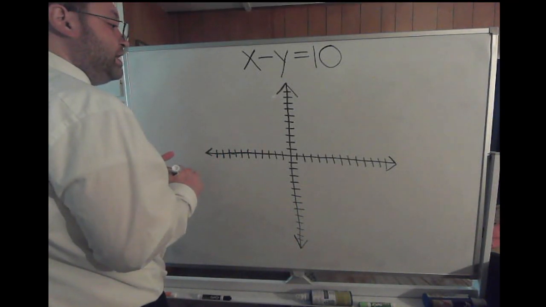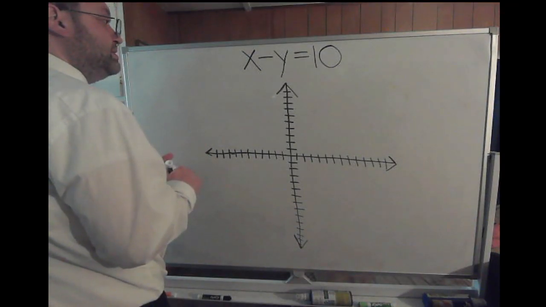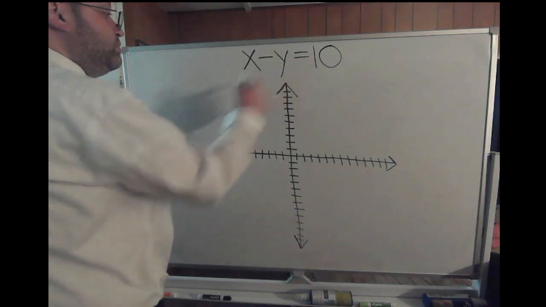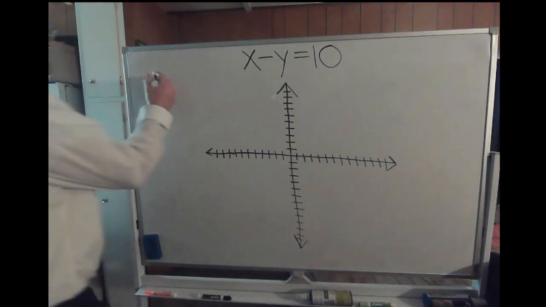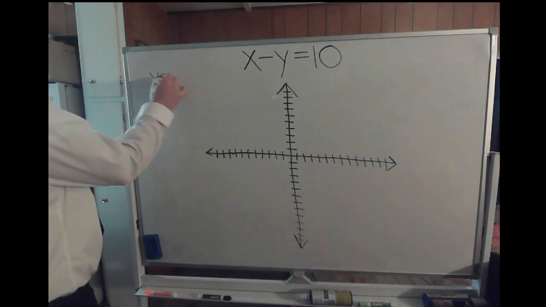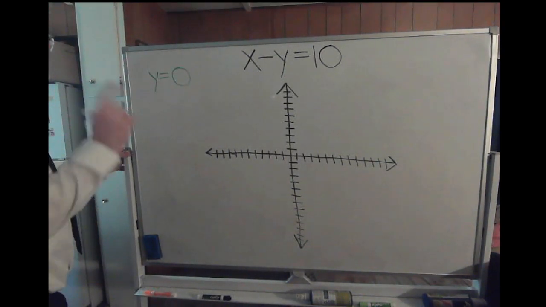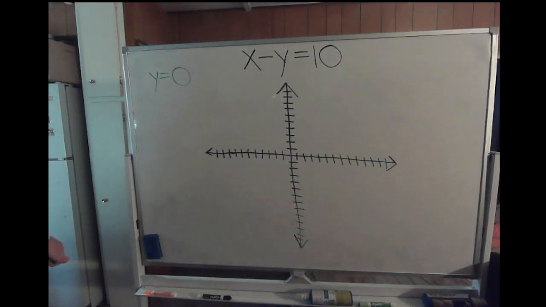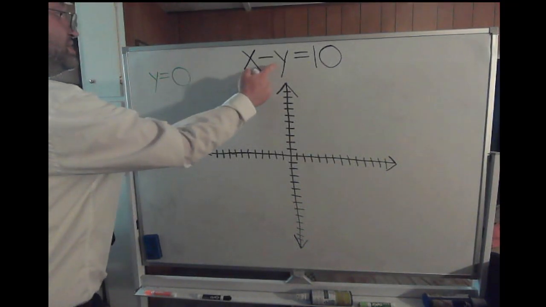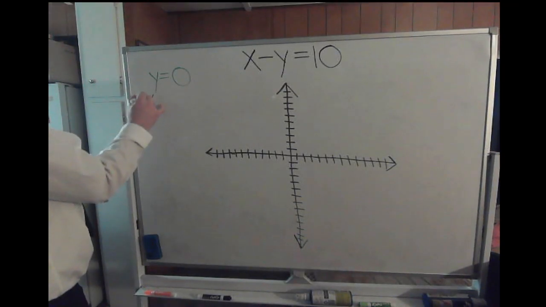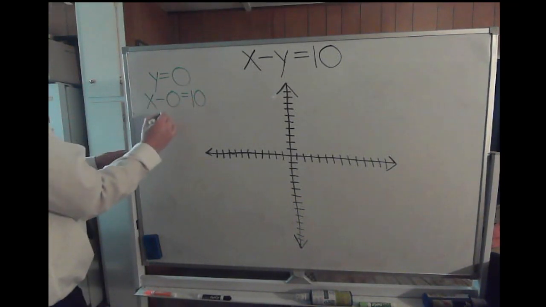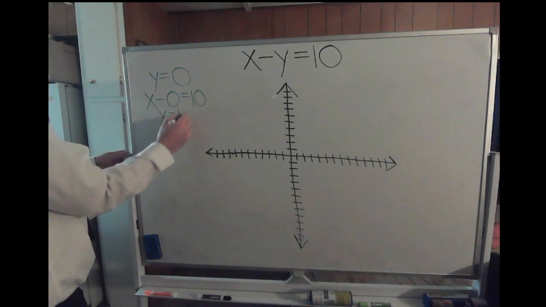To find your x-intercept, you set y equal to 0. So when y equals 0, you're going to plug in 0 for that y, so you'll have x minus 0 equals 10, and then you would get x equals 10.